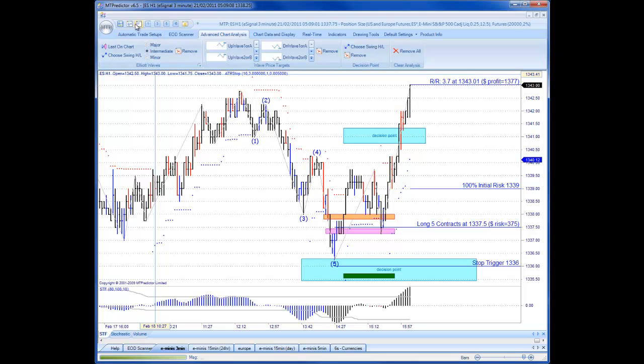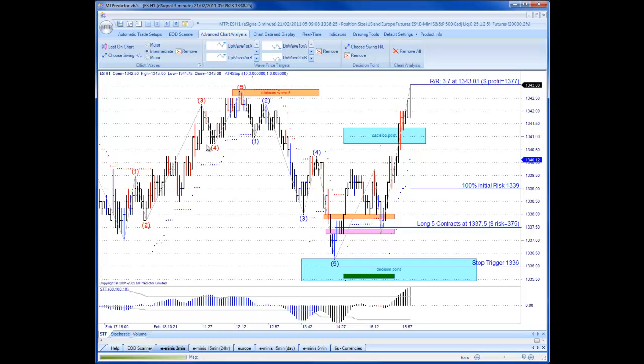So actually, with the advanced tools that MTPredictor has, the Elliott Wave tool and the Decision Point tool, we were able to do two things. First and foremost, we were able to nail the high of the day. This, as we've already seen, was a wave 5 swing on the 15-minute chart.